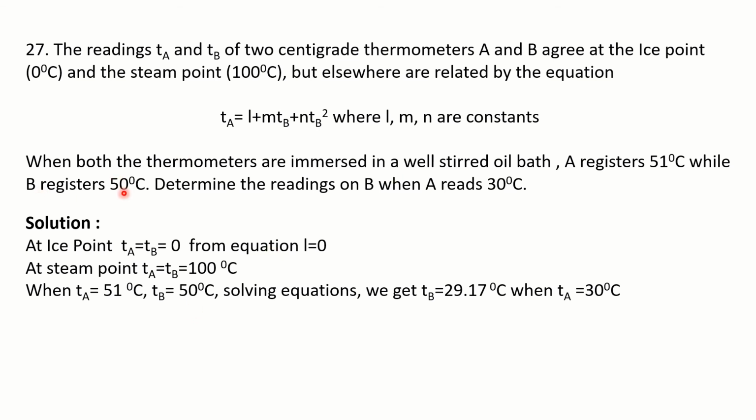That's given over here. So now by solving these equations, I'll be getting the values of M and N. Then substitute back the value for TA, then you will be getting TB. If TA is showing 30 degrees Celsius, then TB will show you 29.17 degrees Celsius.